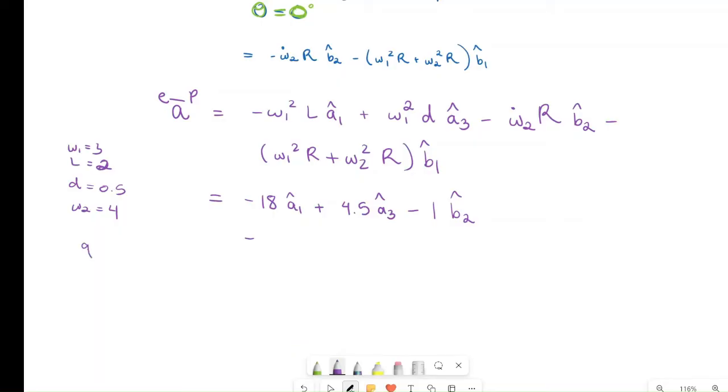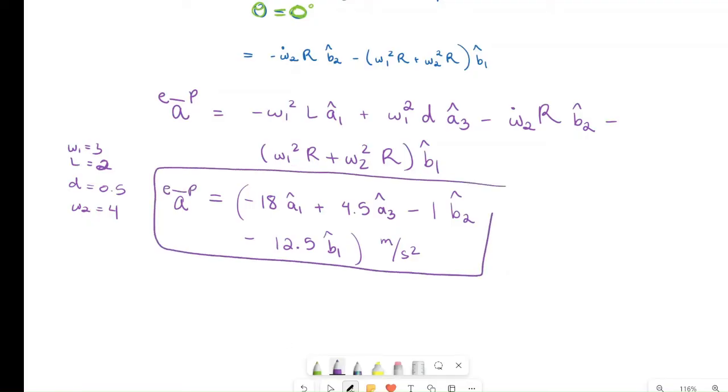That's going to be 25 times 0.5, which is 12.5 b1 hat. This is all in meters per second squared. So this is our final expression for the acceleration at point P with respect to the E frame.